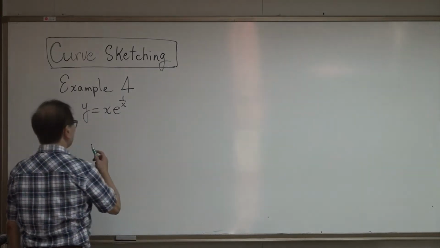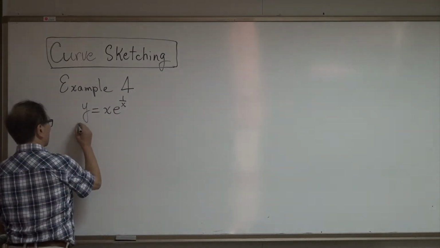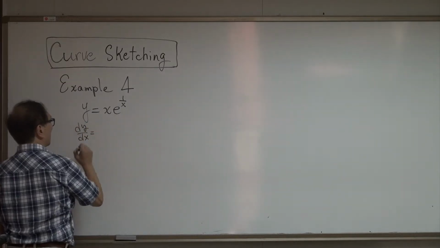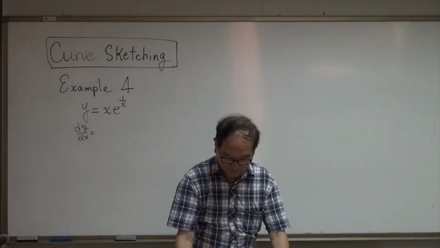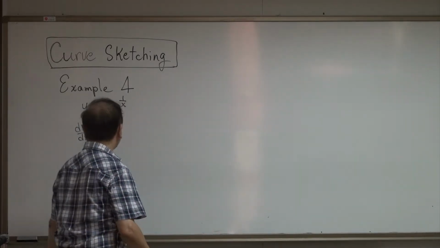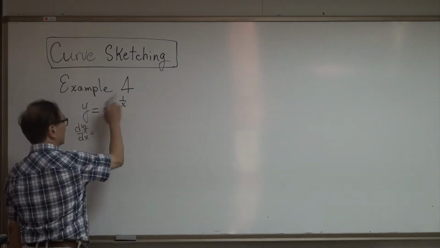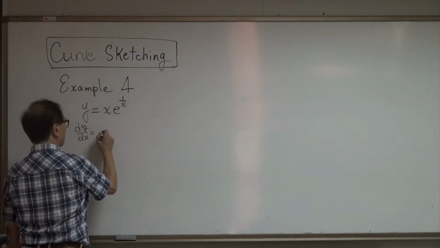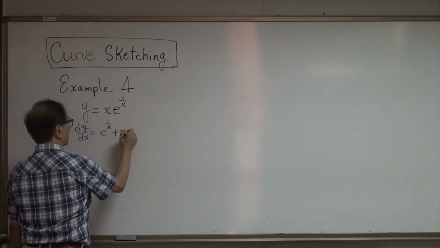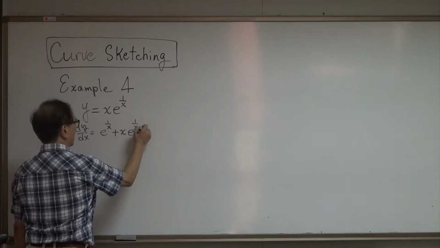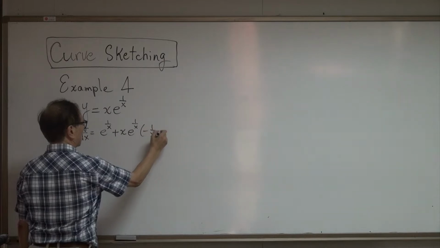All right, let's see the derivatives. dy/dx. You know that this is by using the product rule, right? This is e to the 1 over x plus x e to the 1 over x times negative 1 over x squared.